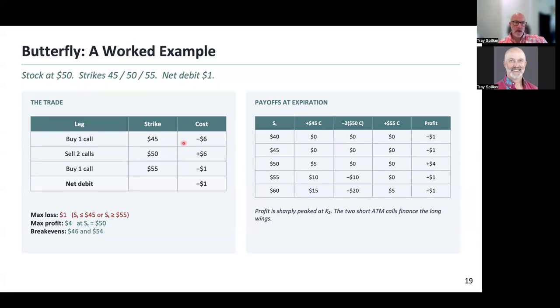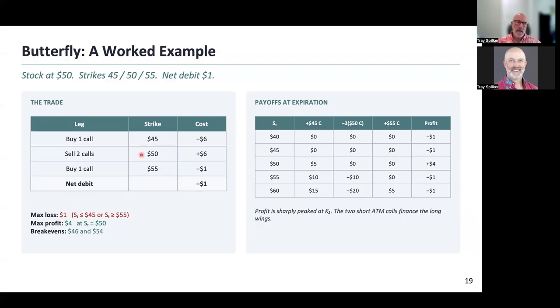We sell two calls, so $3 each, gives us $6, and then we buy one more call at the higher strike price for $1. So our net cost on this is $1 for the entire strategy, times 100 as it were, so $100 to put this on. The max profit is going to occur, just as a reminder, when the share price remains at 50 bucks.